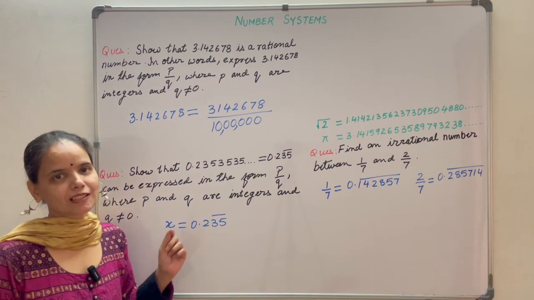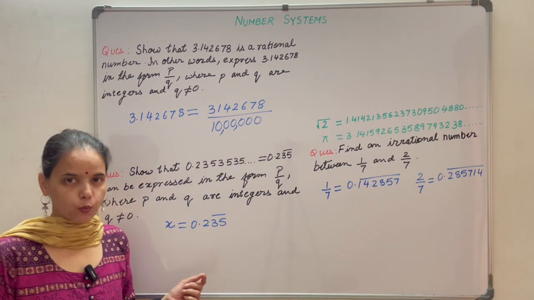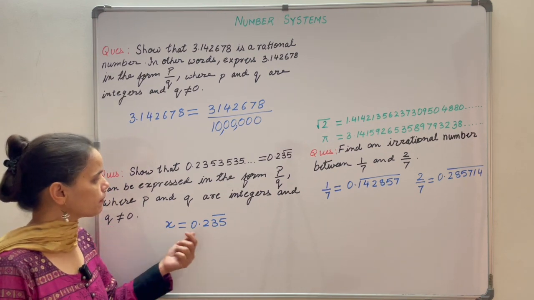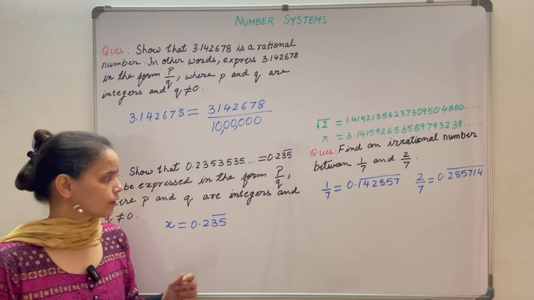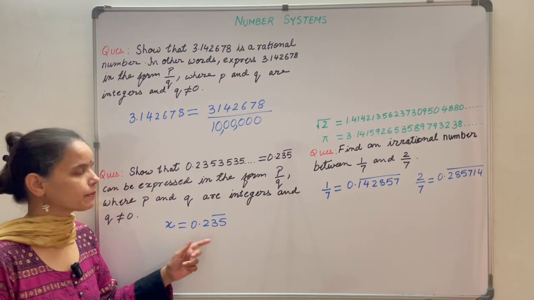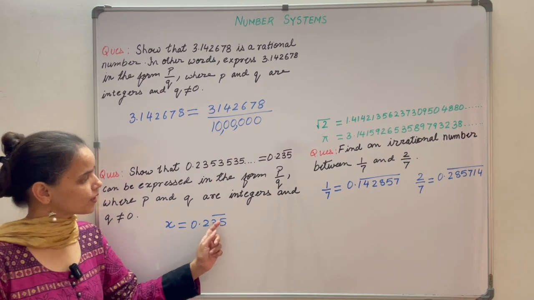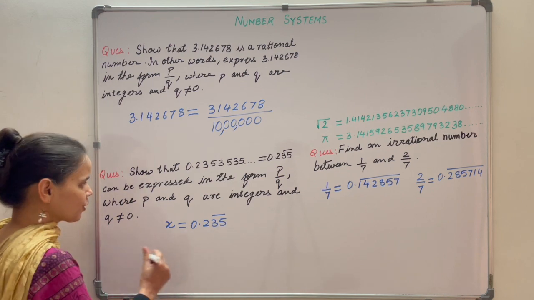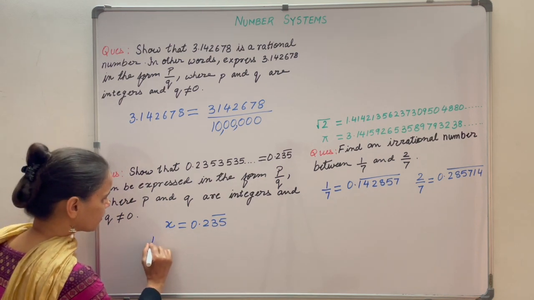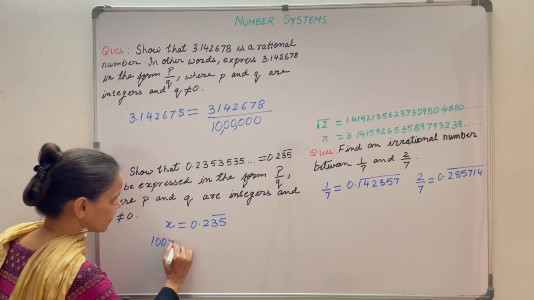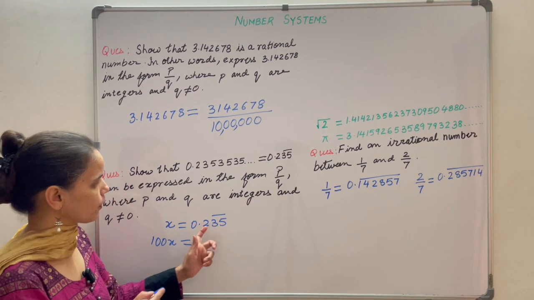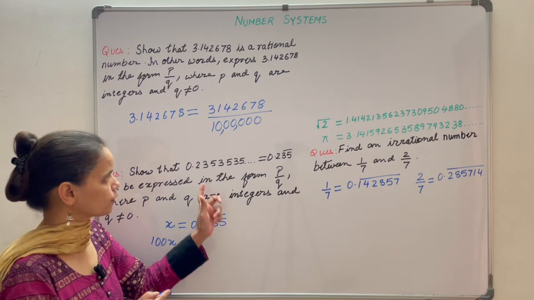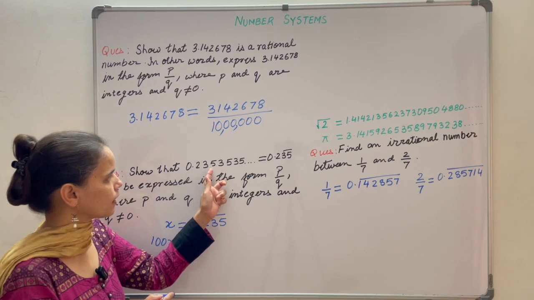If there is 1 digit under the bar, then you will multiply both sides by 10. So when you multiply both sides by 100, you get 100x, and the decimal point will shift two places.